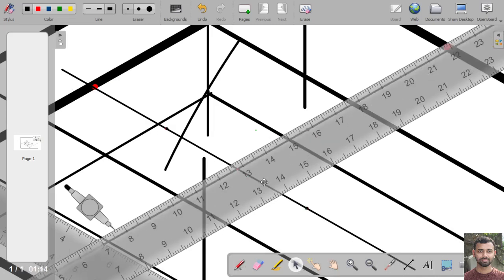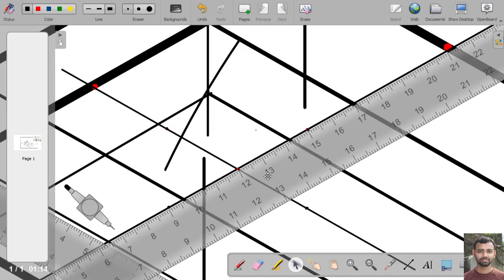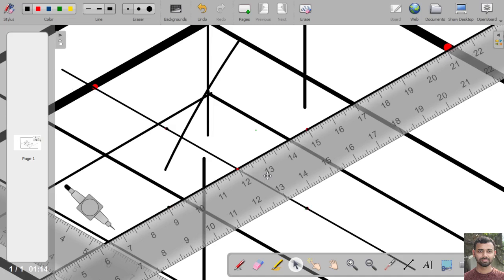So from this point to this point, now we have to take 40 mm. So up to this point, 10, 20, 30, and 40. So up to this point. Okay. Similarly, over here also 10, 20, 30, 40. So up to this point.